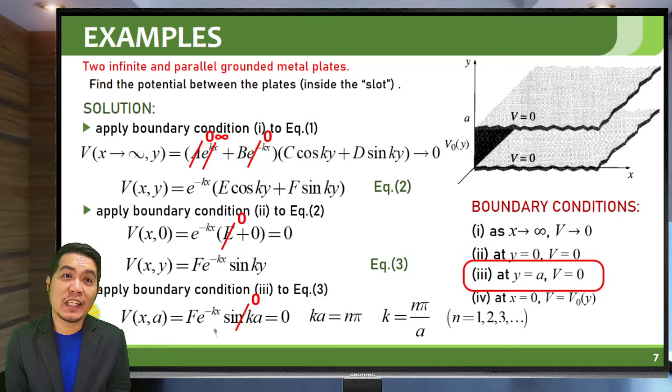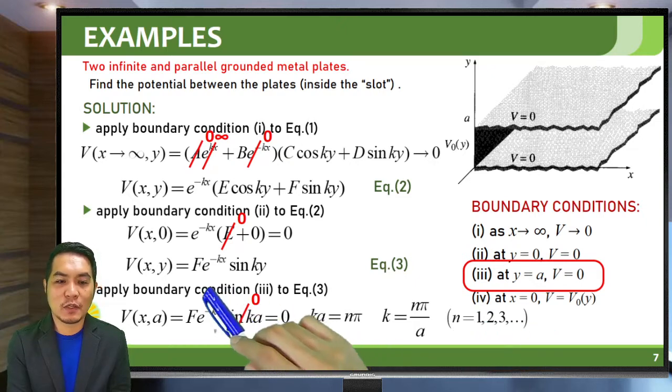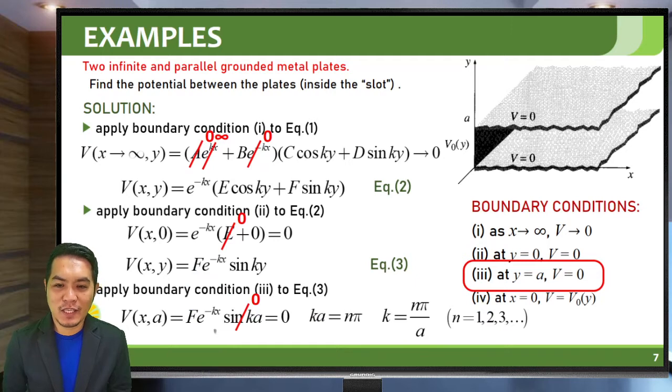It's what we call the trivial solution or the obvious solution. So we will not include the trivial or the obvious solution. So we'll just have n from 1, 2, 3, and so on. So we'll not include the V is equal to 0 solution.